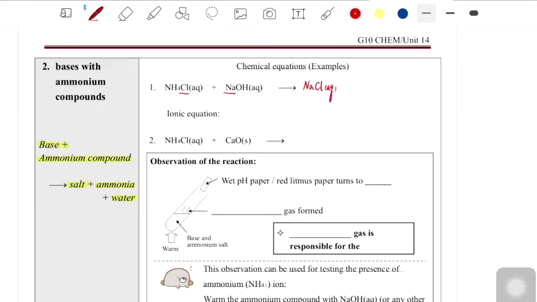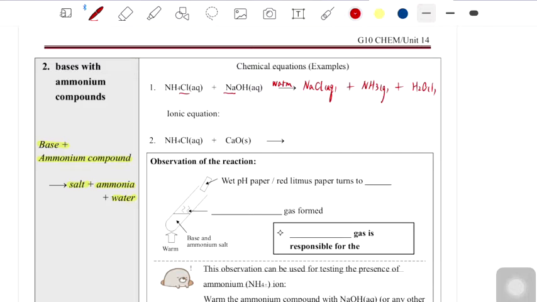And then it will produce ammonia gas and then water. Let's check, is it balanced? Yes, it's balanced.